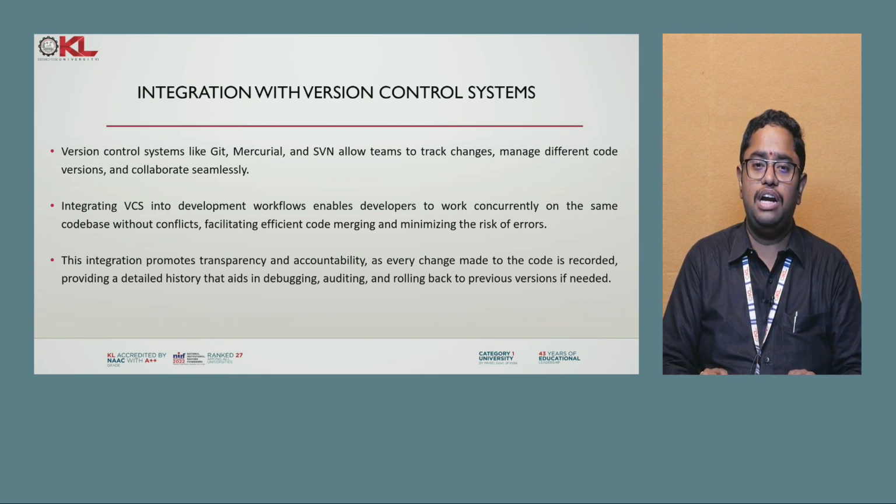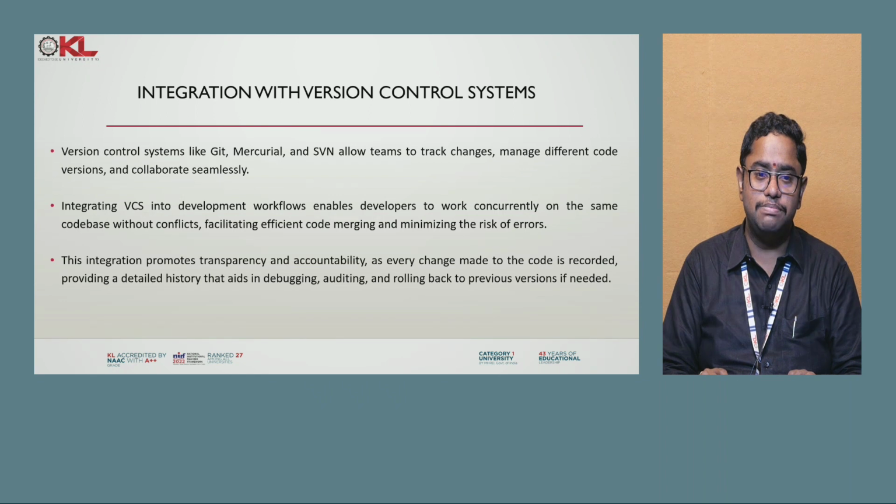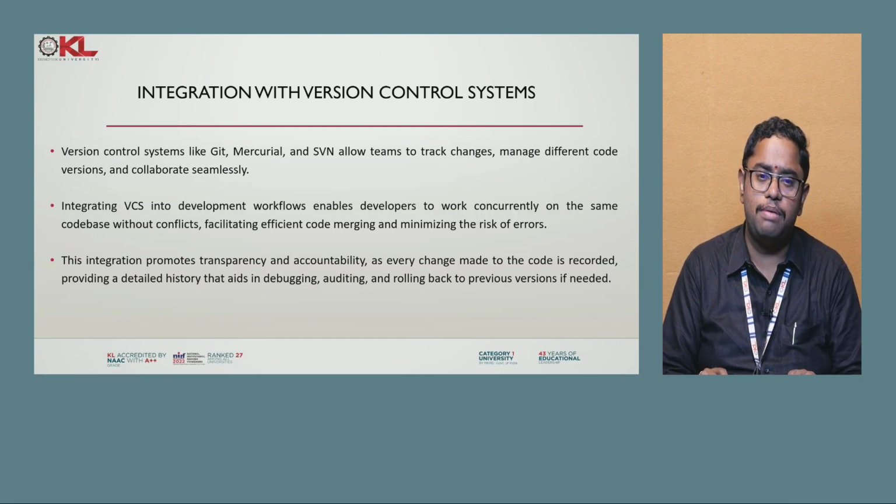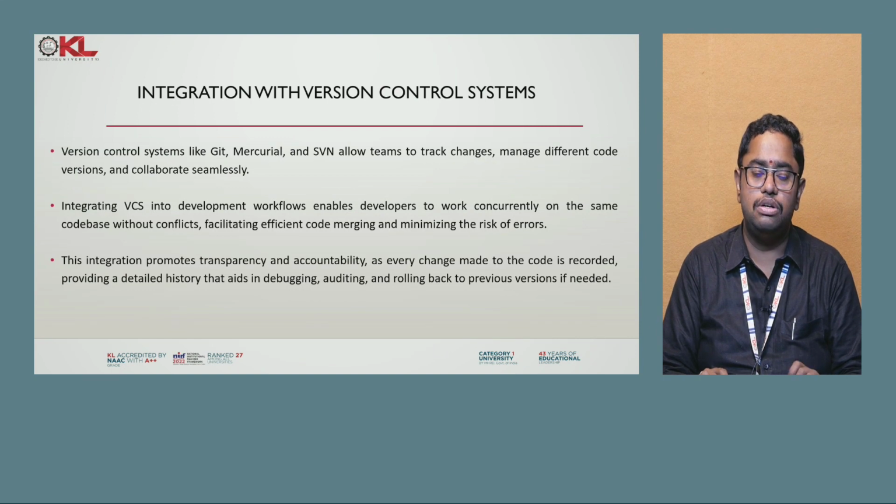Now we will see what actually the version control mechanisms are. So we have some version control mechanisms like Git, Mercurial and SVN. Most probably we are much familiar with the word Git. So Git is a kind of version control system.